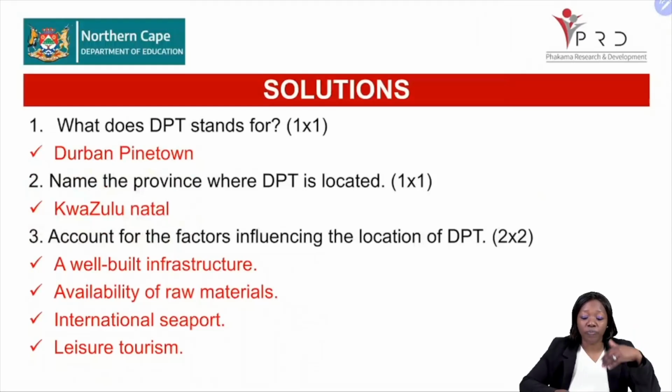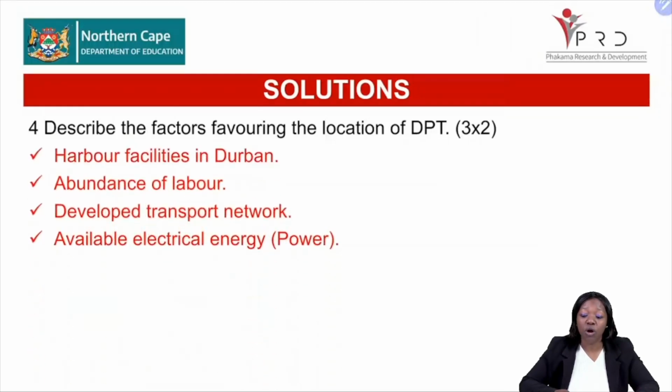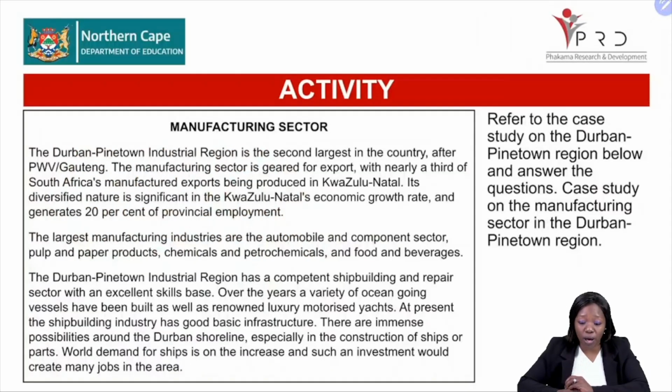It is also correct as a factor influencing it. Then we're looking at the 4th question. You describe the factors that are favoring the location of Durban Pinetown. Number 1 is the harbor facilities in Durban, the abundance of labor, your developed transport networks, as well as the available electrical energy, which is power.